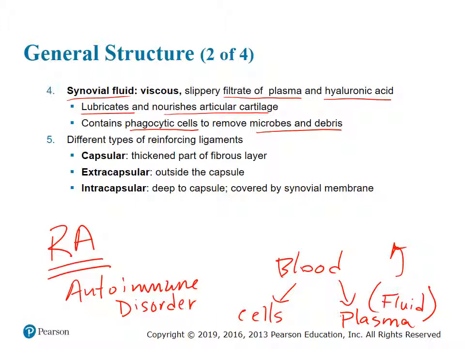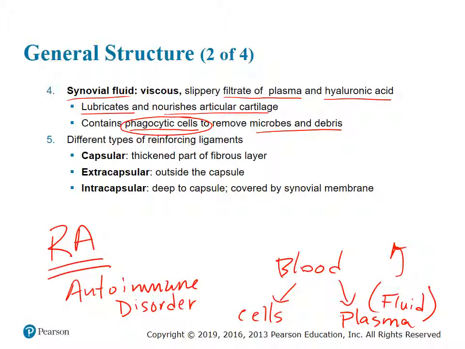For some reason, some of these phagocytic cells that we're talking about will recognize the membrane cells, the synovial fluid, and the articular cartilage as foreign. Does that make sense? For some reason, it's reading it and saying, okay, you don't belong here, you're a foreigner. And then they start attacking it and eating away at the tissue, causing inflammation and then destruction of that tissue.